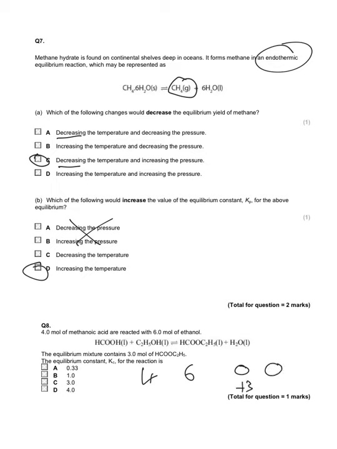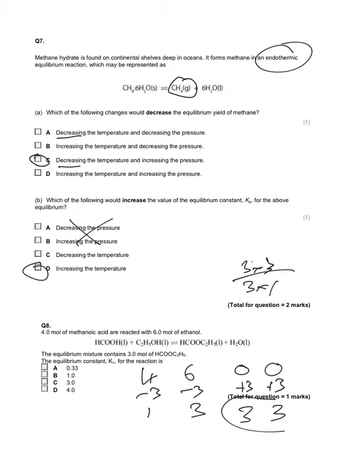So this is plus 3, this is plus 3, that must be minus 3, that must be minus 3. So you're then left with 1, 3, 3, and 3. That goes on top, so we would have 3 times 3 over 3 times 1, and so that leaves you very quickly with the answer being C.